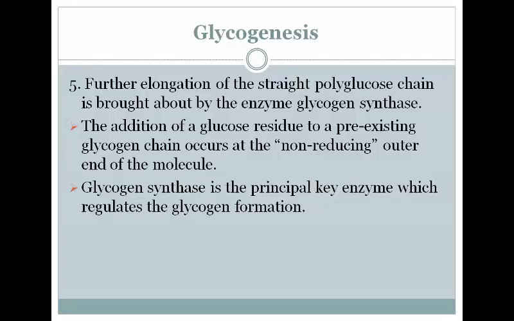And in case of formation of a new glycogen chain, after the addition of 8 glucose moieties to glycogenin, the action of glycogen synthase is started, and the addition of glucose residue to a pre-existing glycogen chain occurs at the non-reducing outer end of the molecule. That is why glycogen synthase is supposed to be the principal key enzyme which is regulating glycogen synthesis.